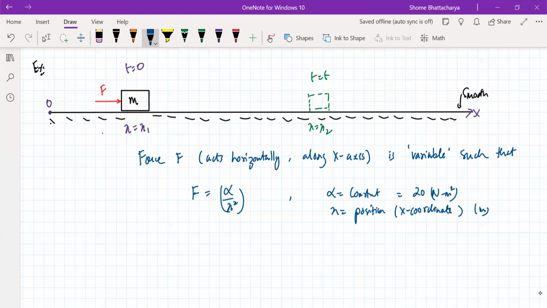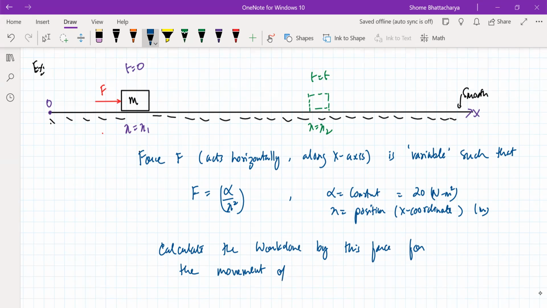So we have to calculate the work done by this force for the movement of the block, or the displacement, from x1, which is, let's say, 1 meter, to x2, which is, let's say, 5 meter.